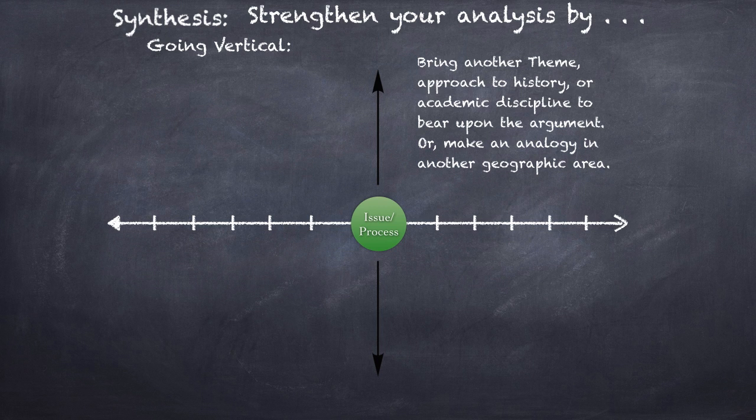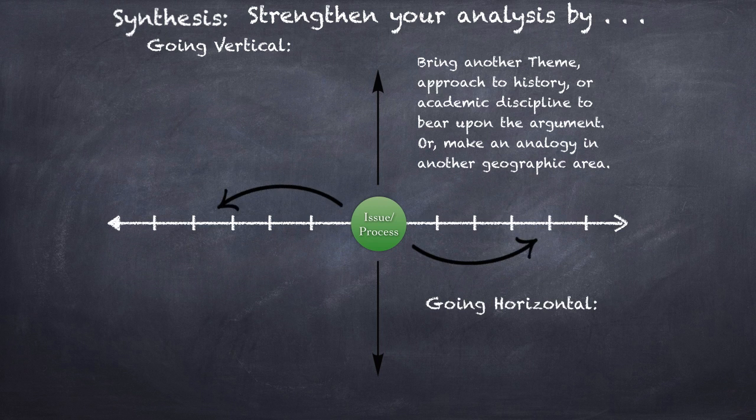For example, if you're writing an essay about the causes of the fall of empires in Eurasia, to do synthesis, you have to move outside of Eurasia to show a parallel process that caused empires to fall elsewhere, for example, in Africa or in the Americas. Now, in addition to going vertical, you can move horizontally across the timeline to do synthesis.